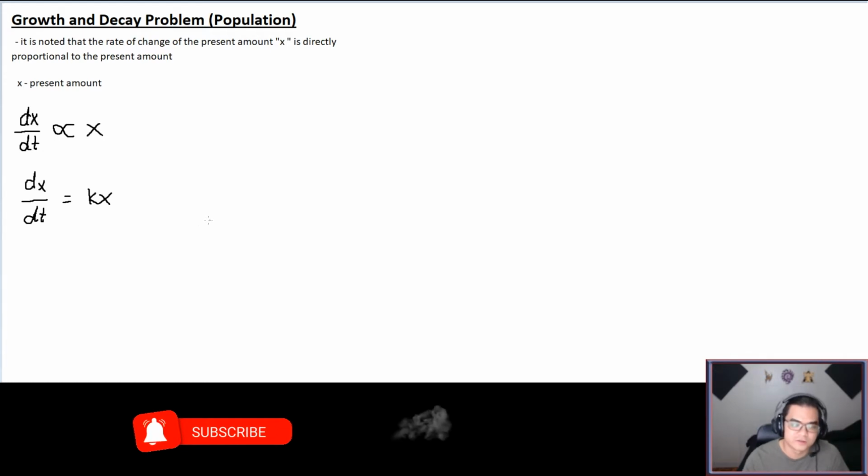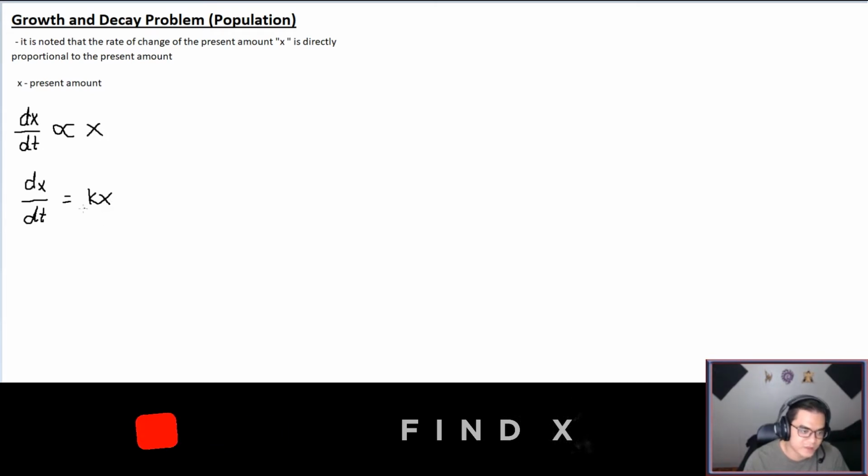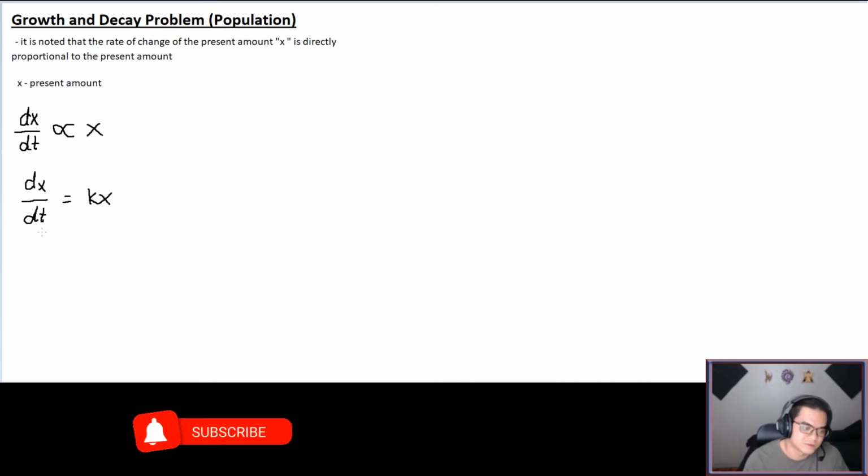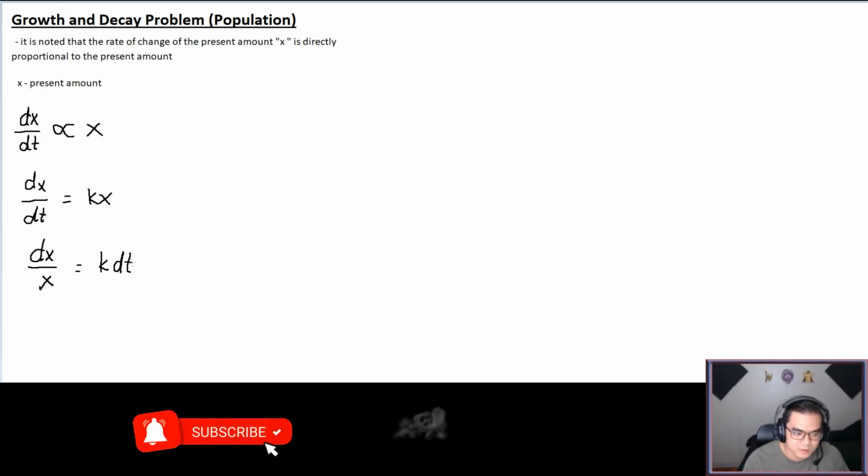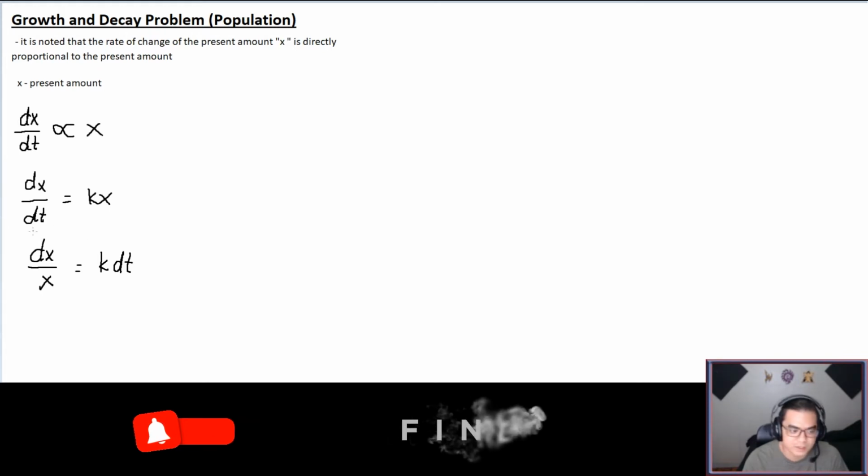So this x must be with the dx. Therefore, I bring this x down, and the dt goes with the k. So you'll have dx over x equal to k dt.